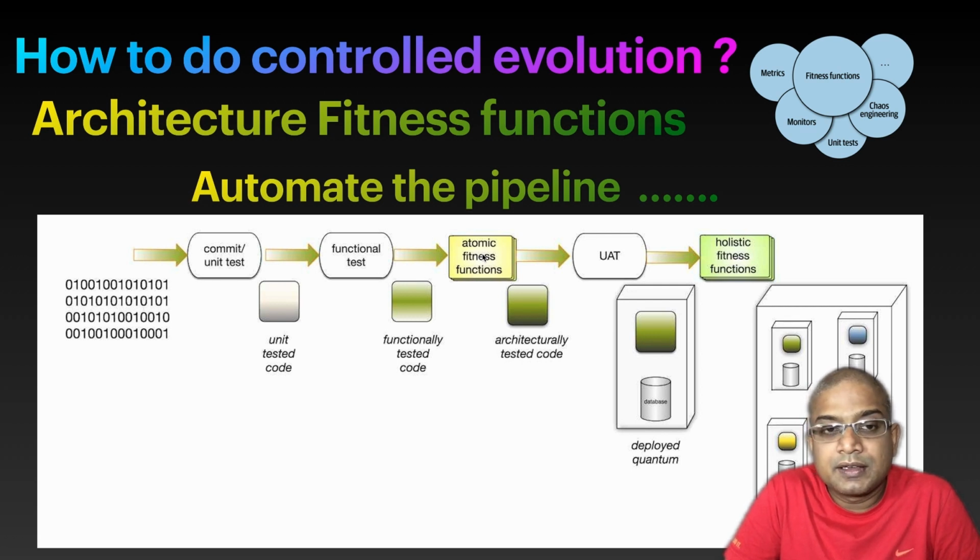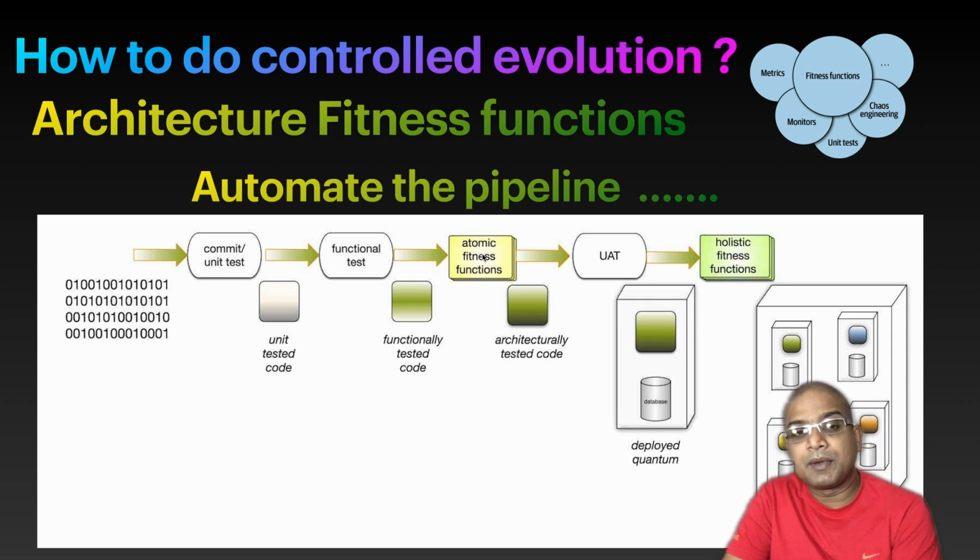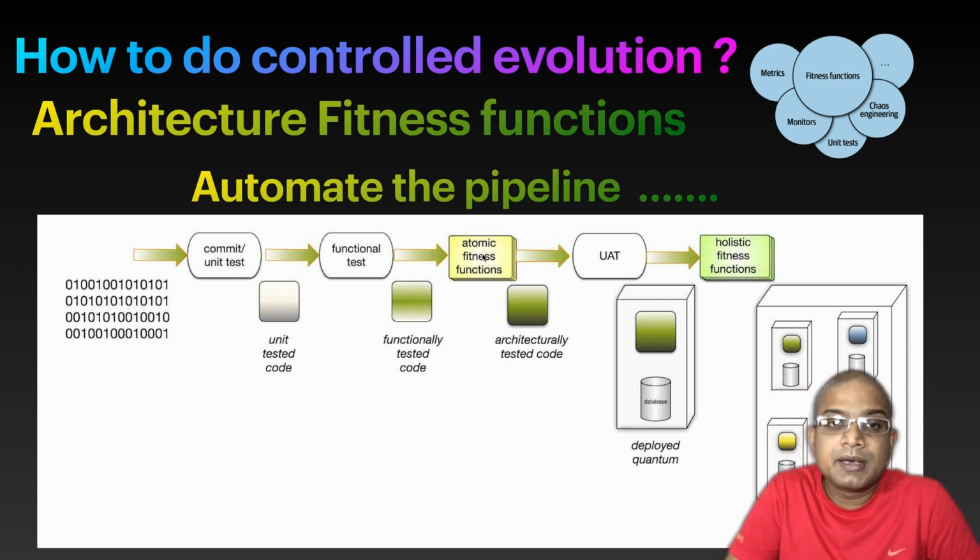You can define performance fitness functions, security fitness functions, functional fitness functions, and a lot of other things. Then you can integrate these fitness functions into the pipelines. Whenever you run a build pipeline, it runs all these automated scripts and ensures that none of the fitness functions are failing. That means your product is good to go into production.